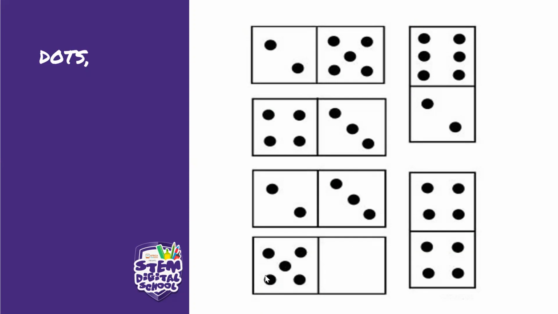Yes, there are 5 dots in this square. And how many dots are in this square? Do you see any dots in this square? There are no dots. So 5 is bigger than 0. So 5 is more because there are no dots in here.